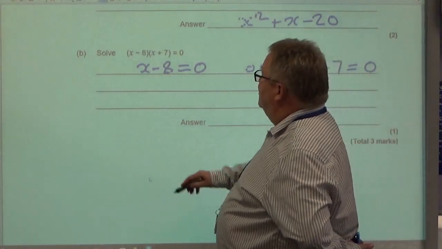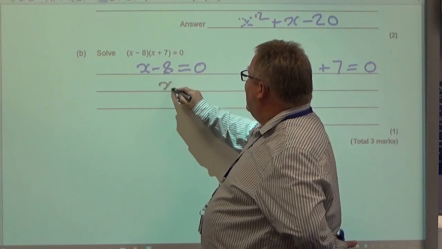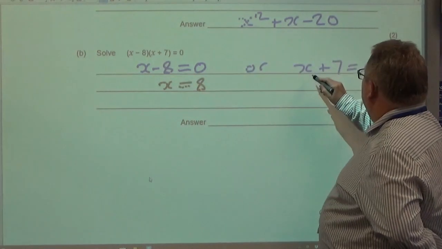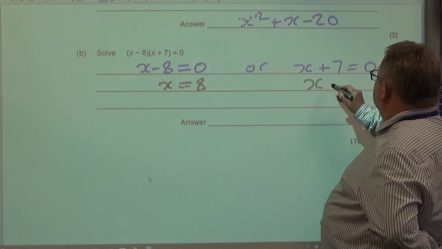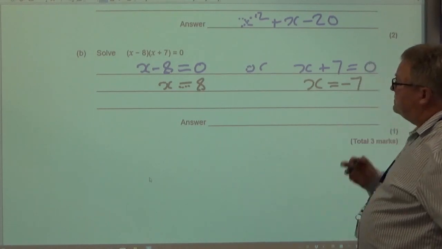So, if we add 8 to that side, then we get x equals 8. And then over here, we take 7 away from that side, so x equals negative 7.